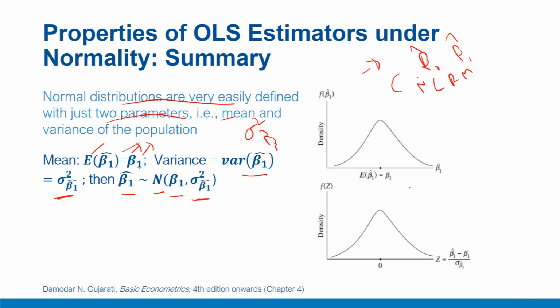We also saw that in standardized form, this is represented by the statistic z, which, since it is standardized with this formula, has a mean of 0 and a variance of 1 and is distributed normally. In the next video, we'll see the application of this normal distribution and conclude its role in hypothesis testing and making inferences about the coefficient.